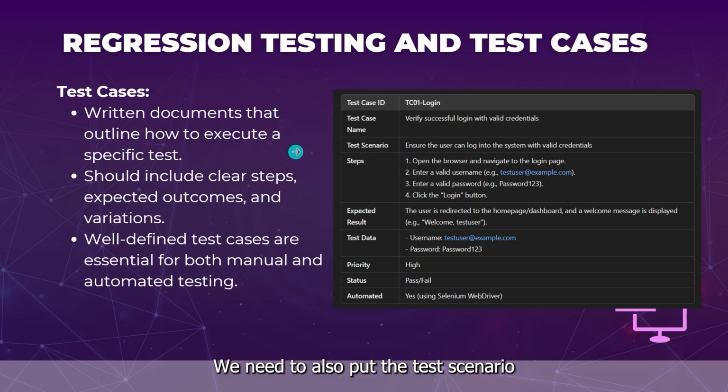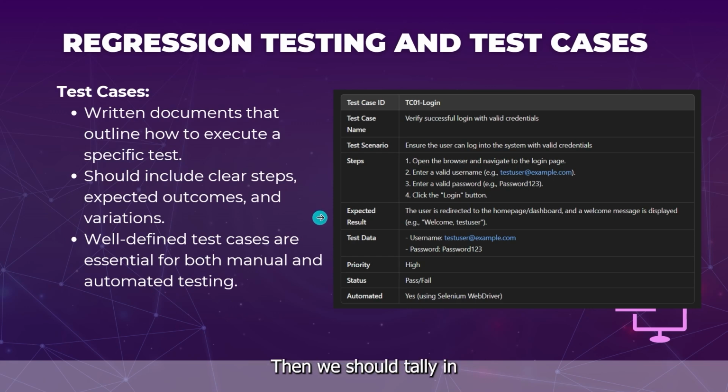We need to also put the test scenario to ensure that the user can log into the system with valid credentials. Now, we can enumerate the steps. For example, here we have: open the browser, then do authentication processes like entering your username and a valid password for that username.